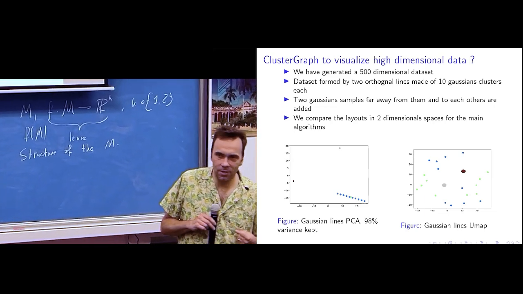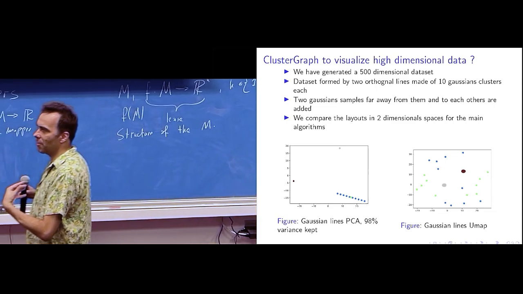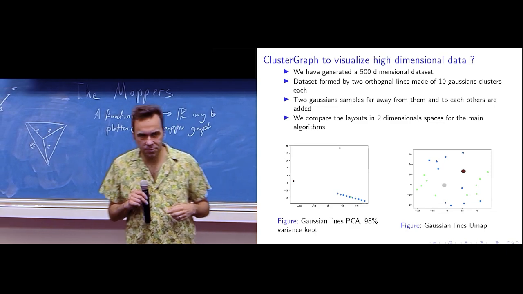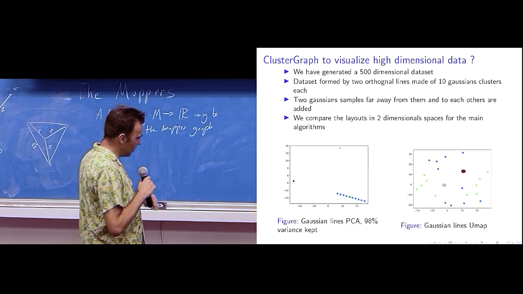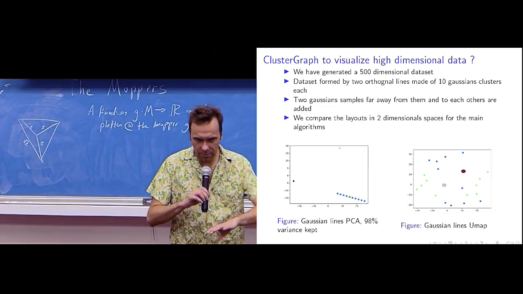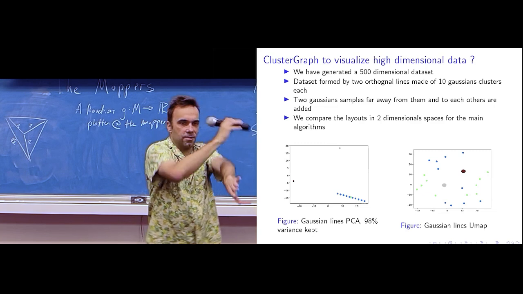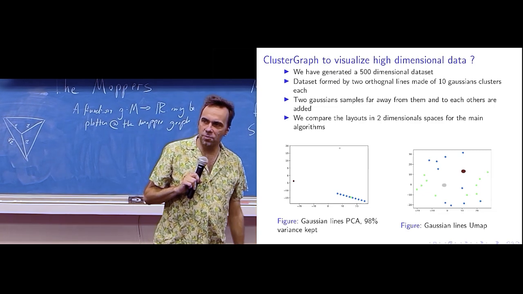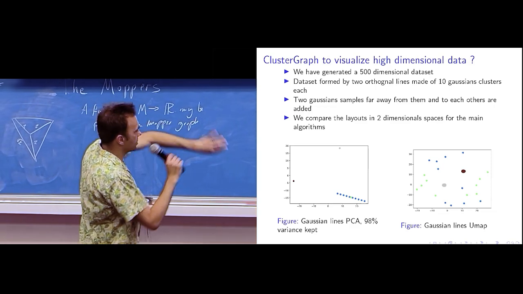The typical recipe is you take a data set which has relatively low intrinsic dimension, and you embed it into a very high dimensional space. So the data set we have over here is we sample points from two perpendicular lines, but they don't touch each other. So those lines are like this. And in addition, somewhere far away we have points sampled from a single or two large Gaussians.